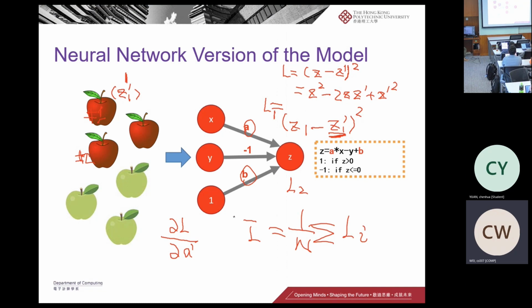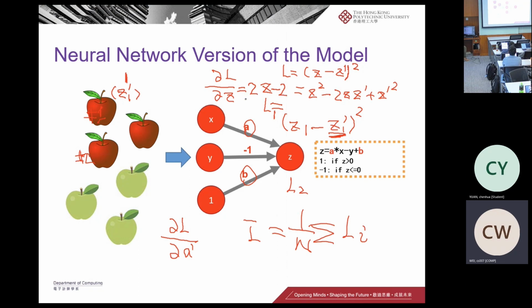Sorry, let me just calculate the gradient over Z first. What's the gradient over Z? According to your knowledge of calculus, it's 2Z minus 2, right?